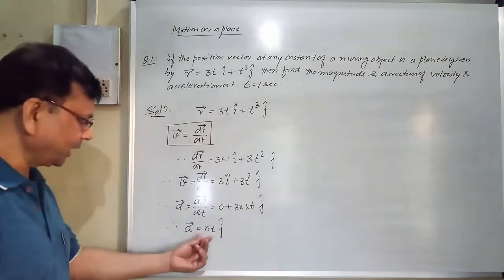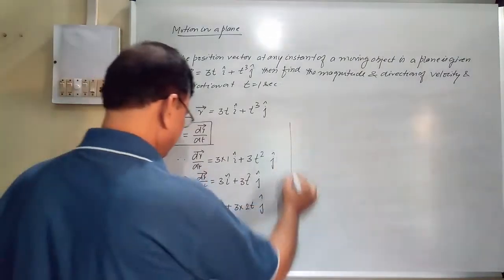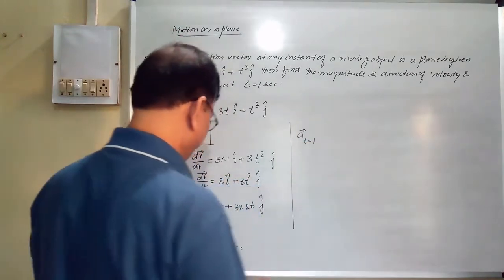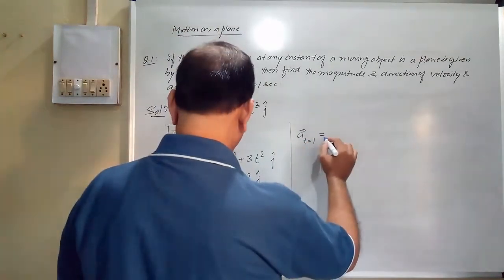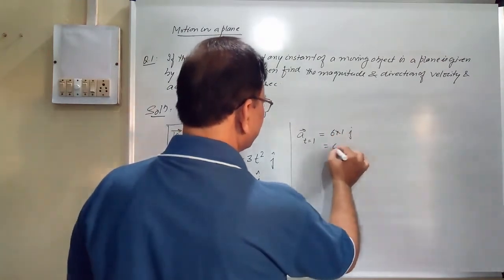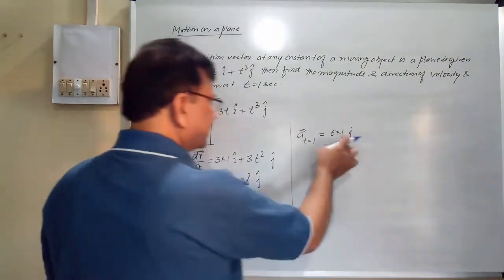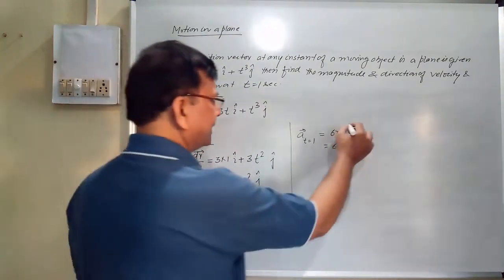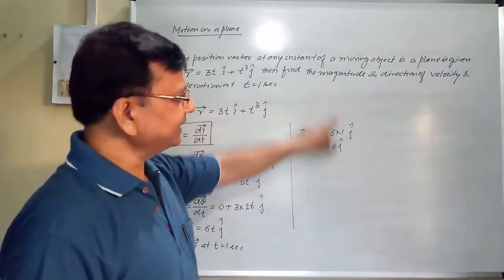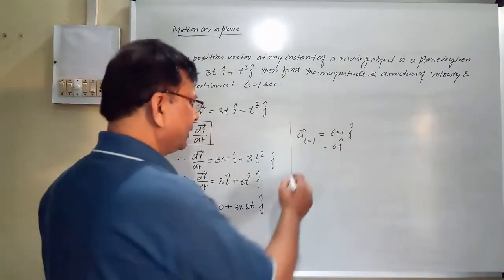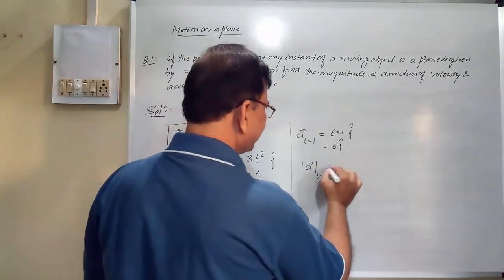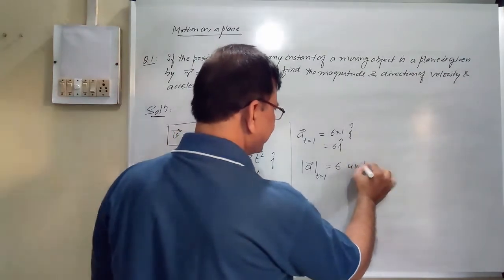Right? So acceleration at t is equal to 1, that is equal to 6 into 1 j, that is equal to 6j. So 6j means magnitude is 6 in the direction of y. So the magnitude of acceleration at t is equal to 1 is equal to 6 unit.